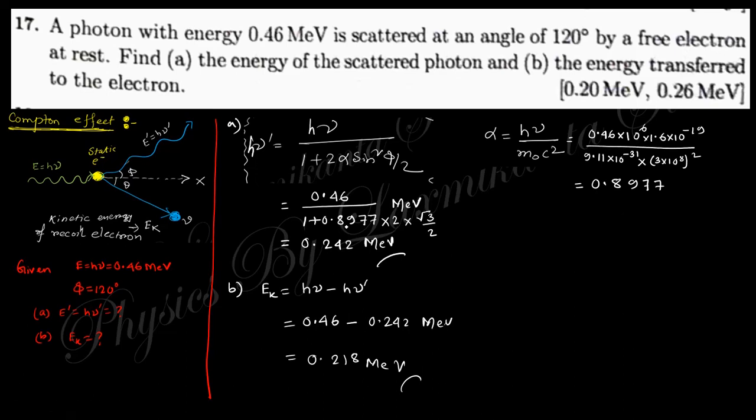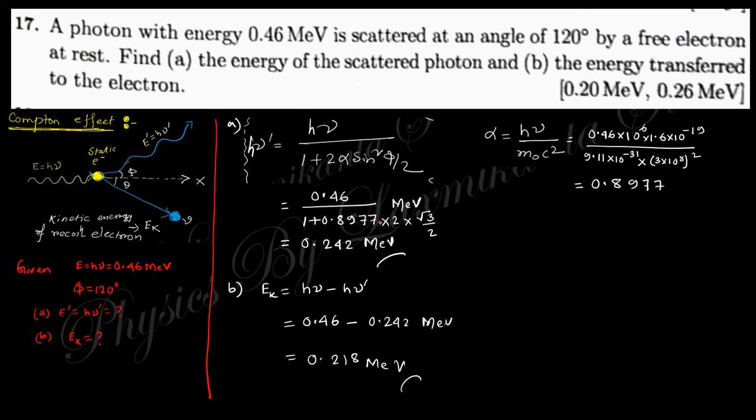Okay, so this is 0.46 divided by 1 plus 0.8977 into root 3, you will obtain 0.18. If you put this value, I think there is no problem, this 2 cancels out.